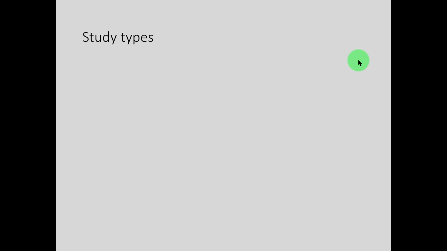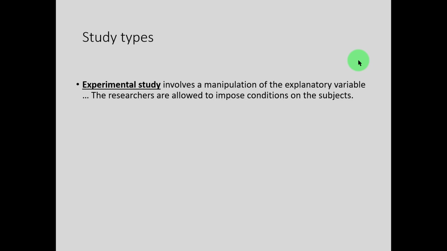Now that we have discussed variables and the way that they occur in the context of a study, let's now talk about those studies. For instance, the classic experiment.